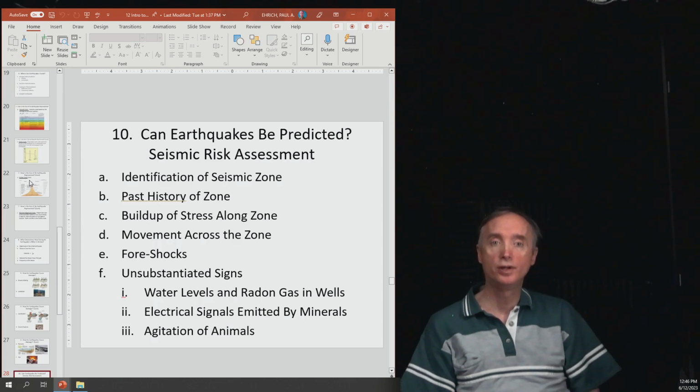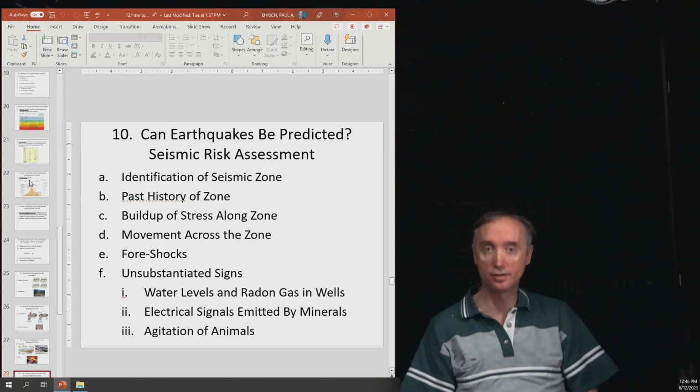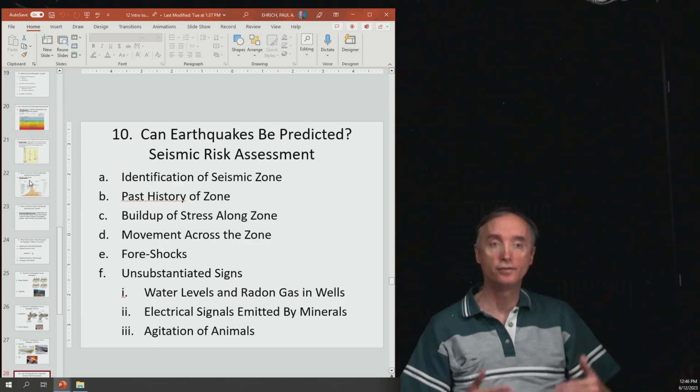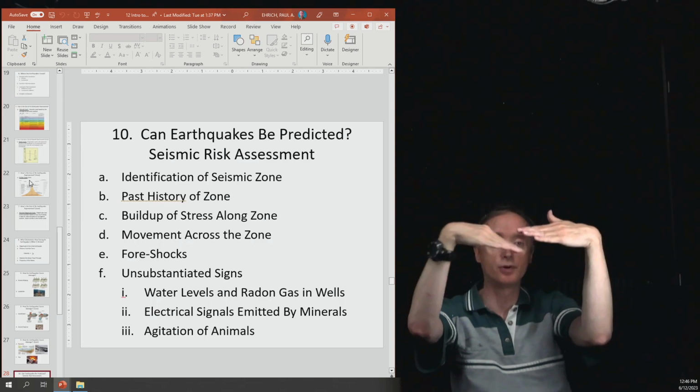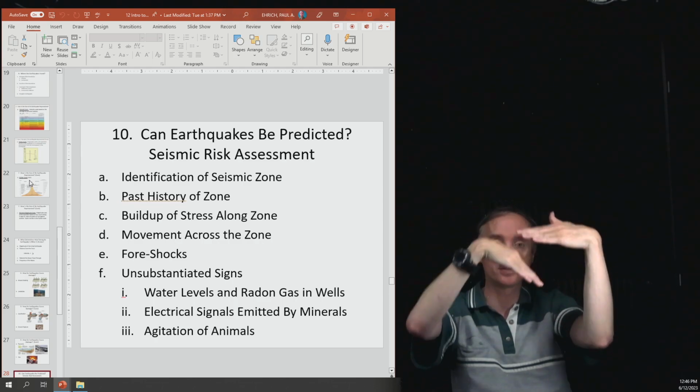Now that we know how much damage an earthquake can do, can earthquakes be predicted? The first thing is to identify places where there have been earthquakes. If there is a place where a plate is going underneath another plate, that would be a seismic zone.